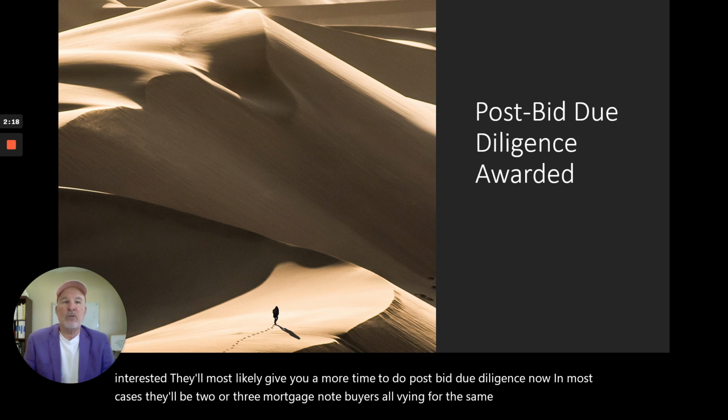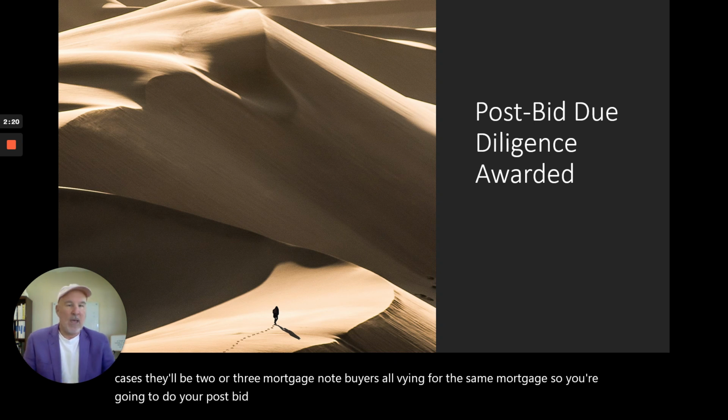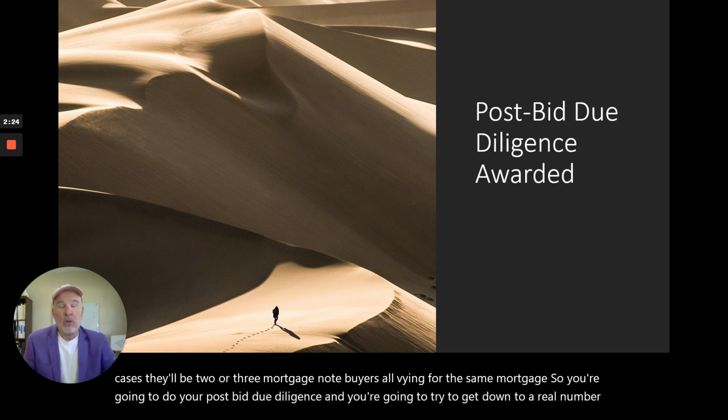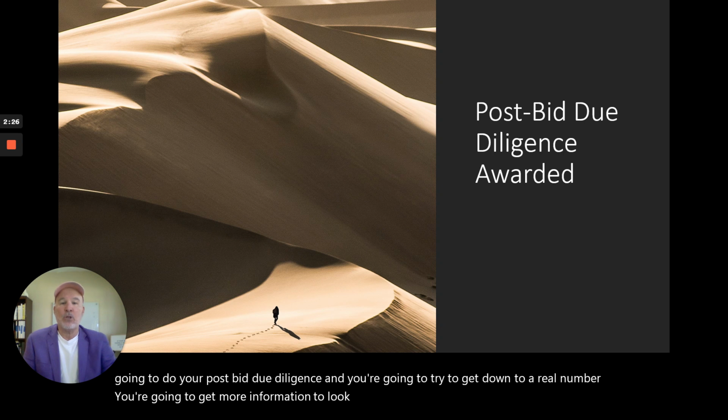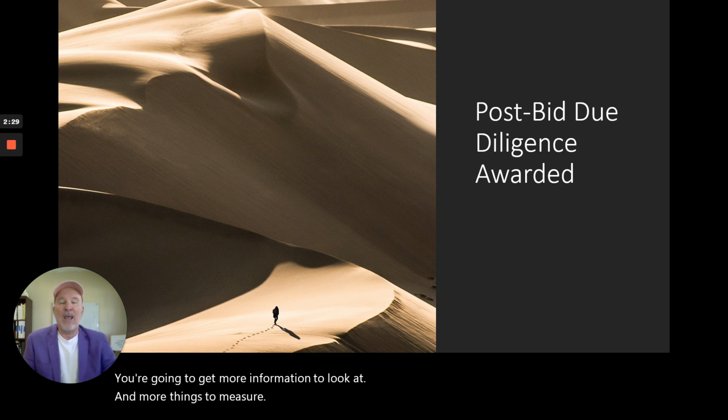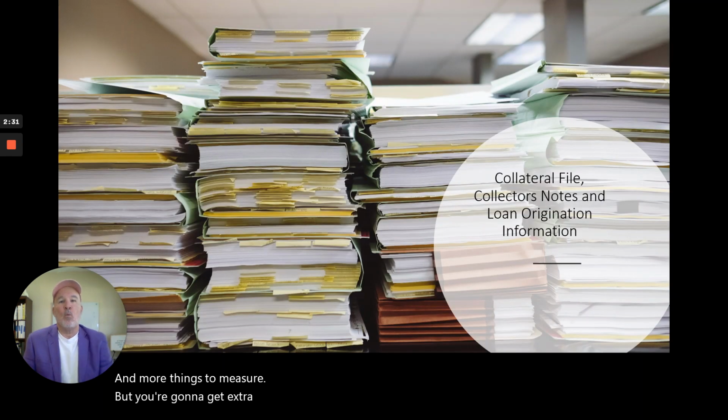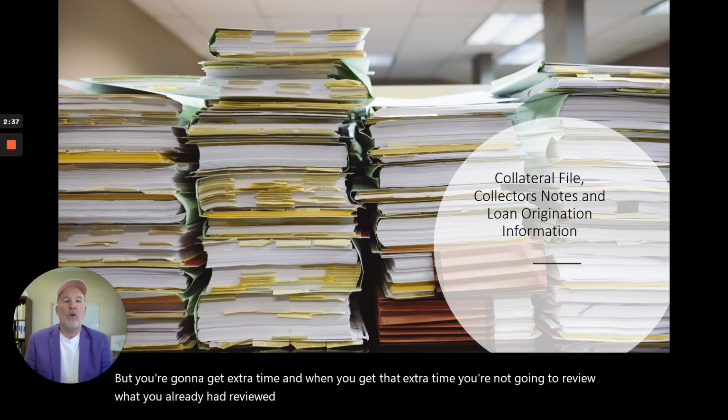So you're going to do your post-bid due diligence and try to get down to a real number. You're going to get more information to look at and more things to measure, plus extra time. And you're not going to review what you already reviewed for your pre-bid. You're going to review other forms of information.